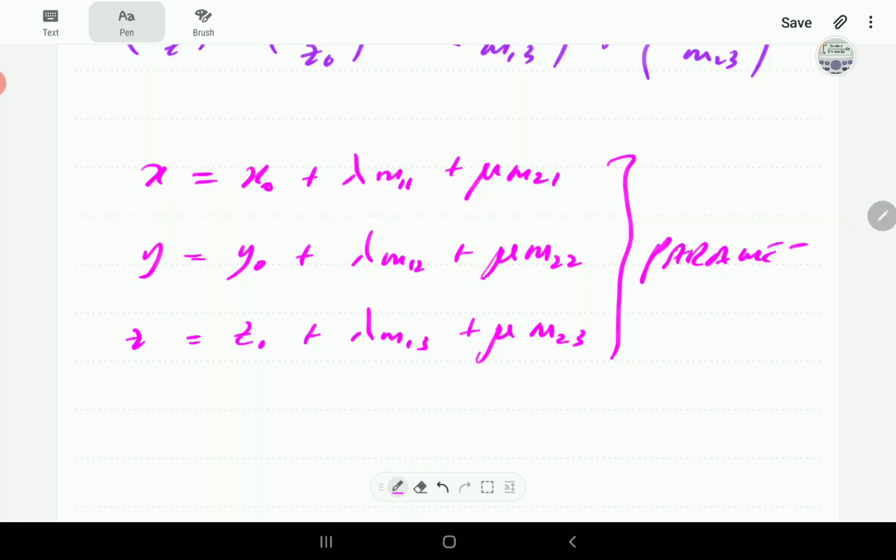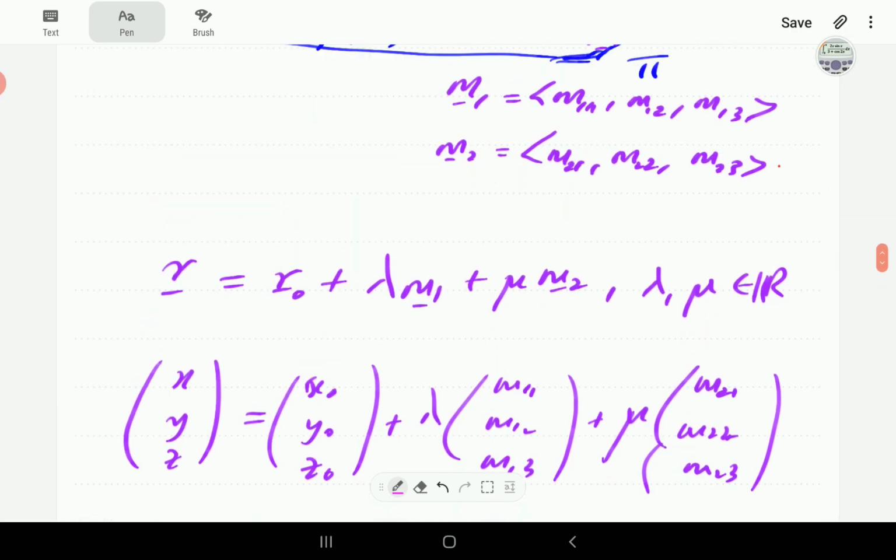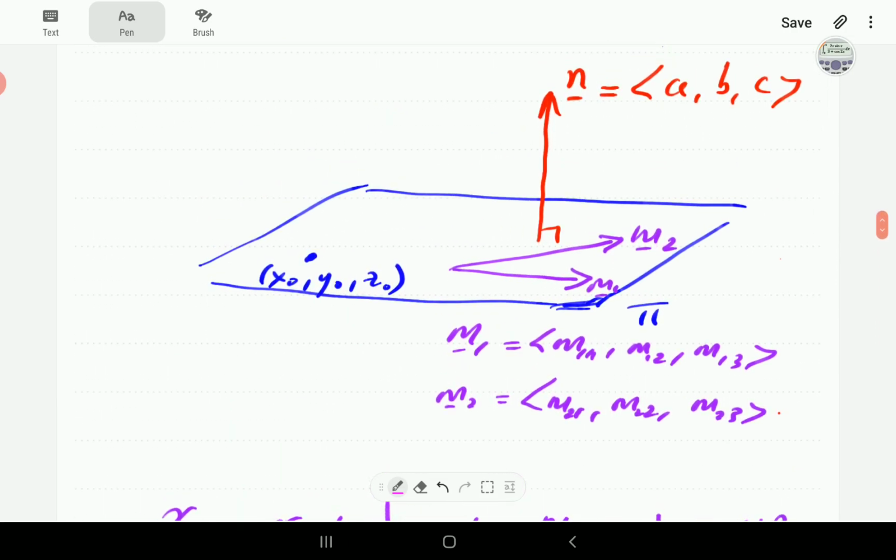So for a plane, we don't have that symmetric form where you eliminate these parameters. However, we do have something called the scalar equation. The scalar equation works as follows.